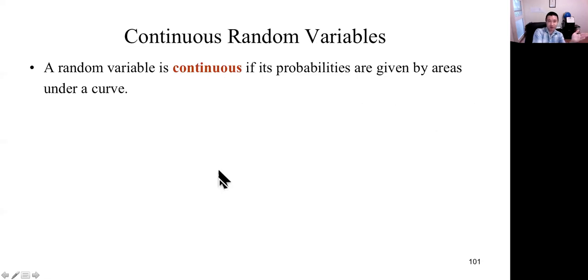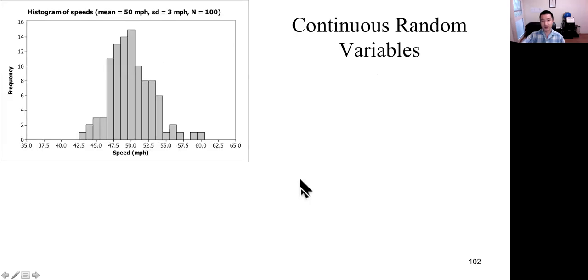So continuous variables. A variable is continuous if its probabilities are given by the areas under a curve. There's no gap between the possible values in that case. So let's see. Here is a histogram of the speed of cars.